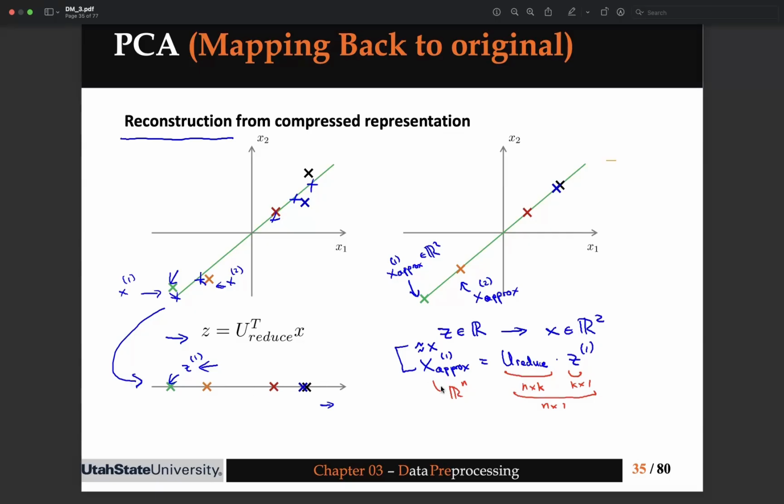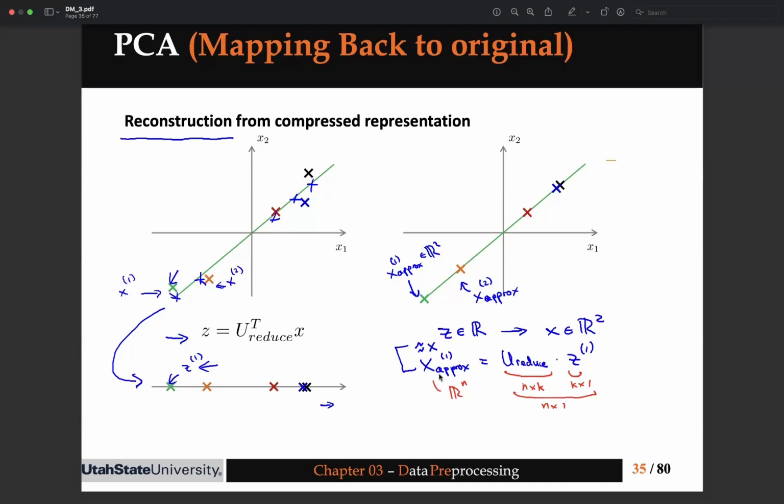Now, if I want to know how much information I lost and what my approximate X is in this case, all I need to do is take U reduce times Z, which is this Z that I just found in the very first step. So in this case, we will get an X approximation in the original space of R n, right?